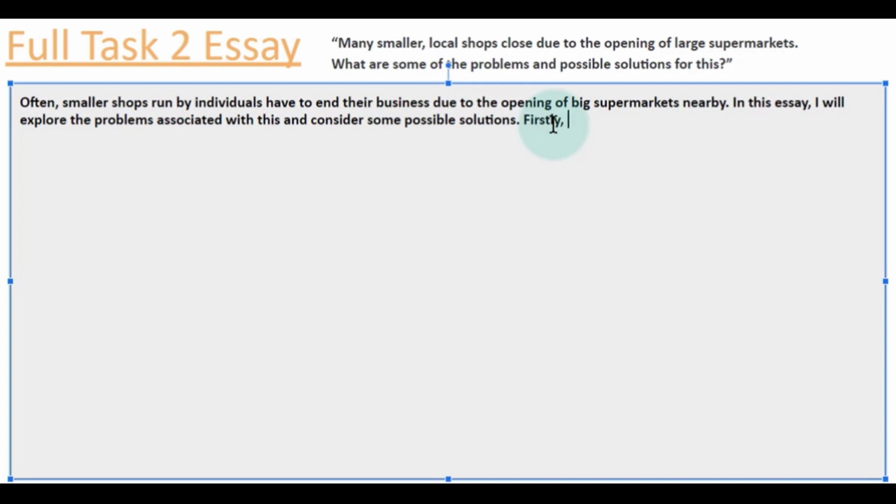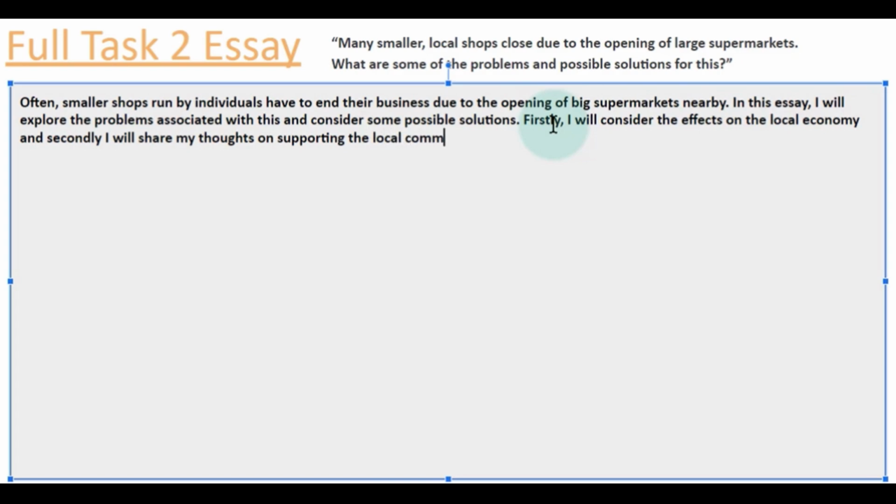I'm just going to talk about the first one. I will consider the effects, one moment, on the local economy. And secondly, I will share my thoughts on supporting the local community.